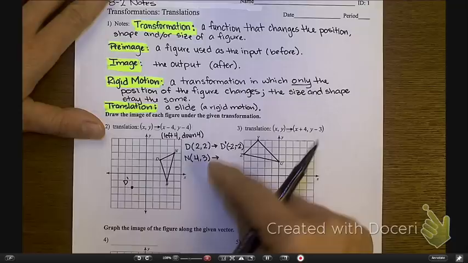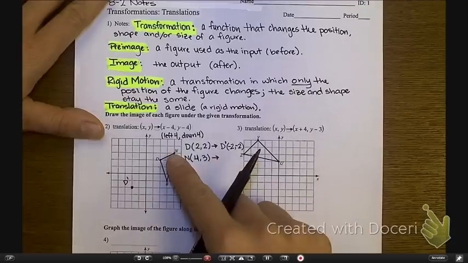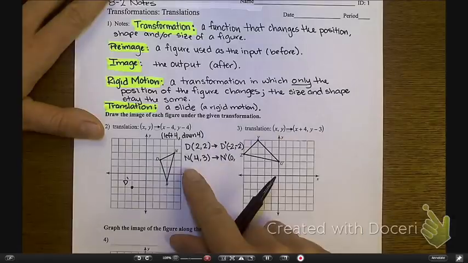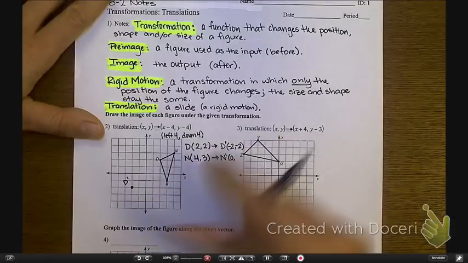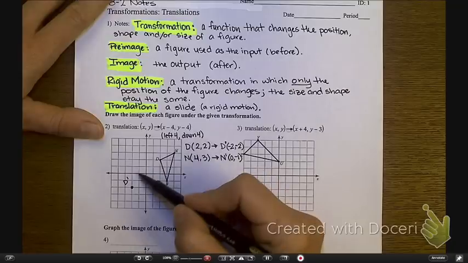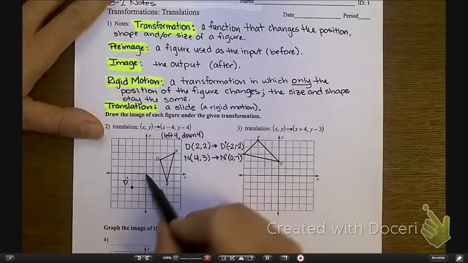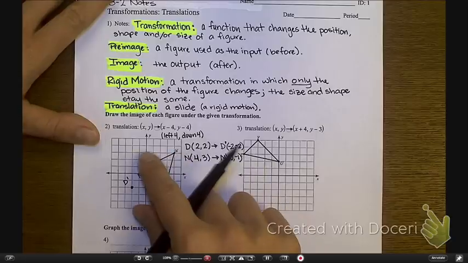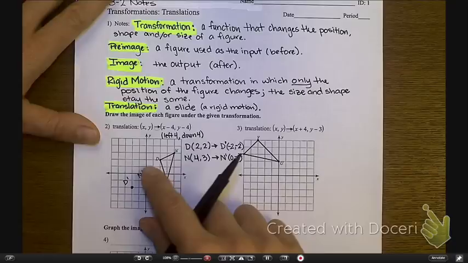By applying the coordinate rule, I would subtract 4 from the x value, so N prime would end up at 0, and I would also subtract 4 from the y value, so that would be negative 1. So my ordered pair would be 0, negative 1, where N prime would belong. But I can also achieve this by just counting 1, 2, 3, 4 to the left, 1, 2, 3, 4 down, because that's what this is telling me right here.